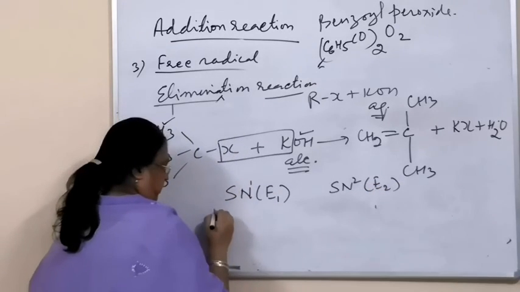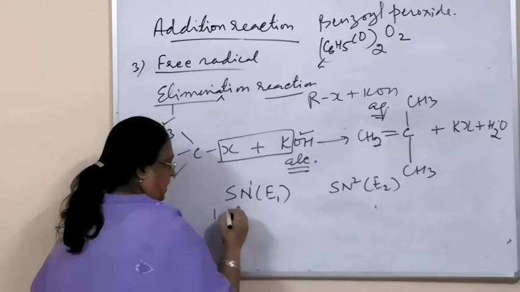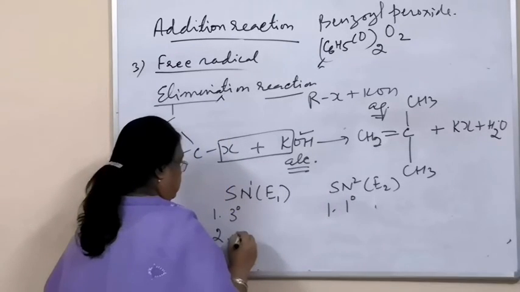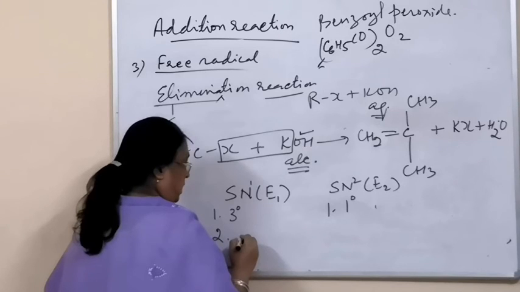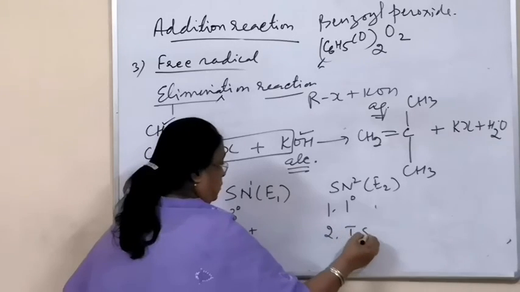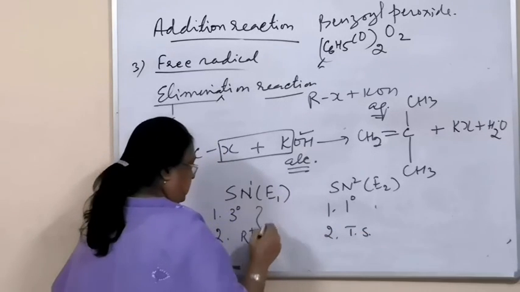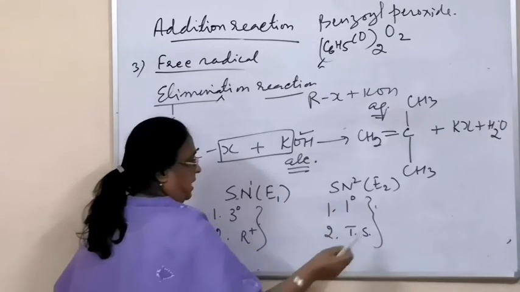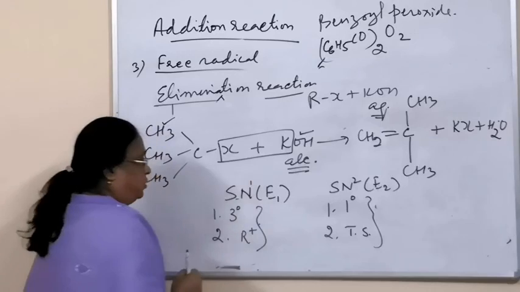SN1 first is tertiary alkyl halide, and primary alkyl halide for SN2. Second, a carbonium ion is formed, and here a transition state will be formed. So these are the similarities of E1 with SN1. These are the similarities of E2 with SN2.